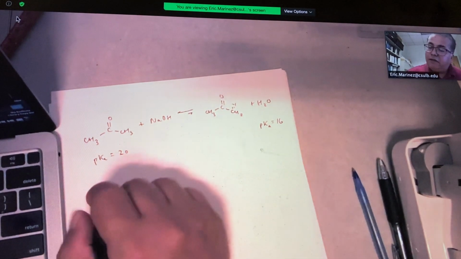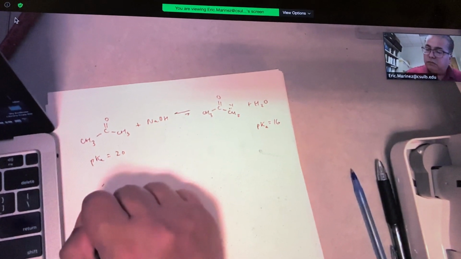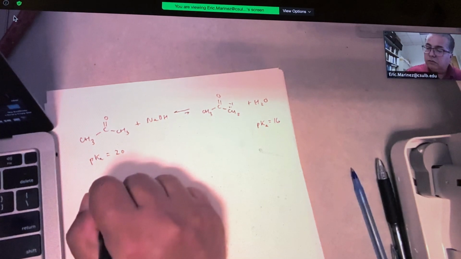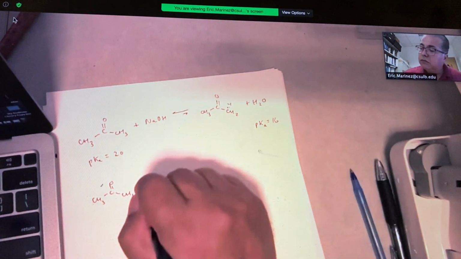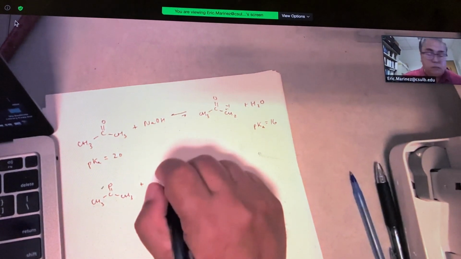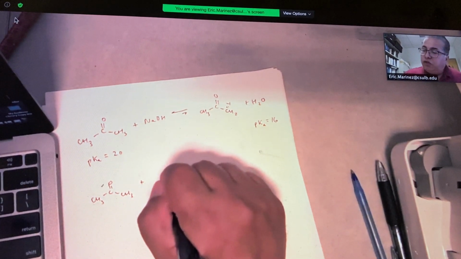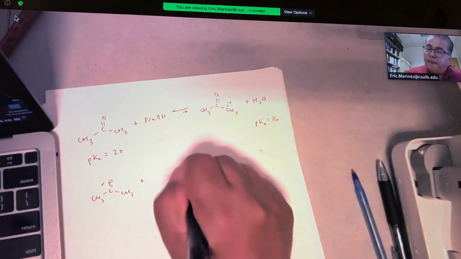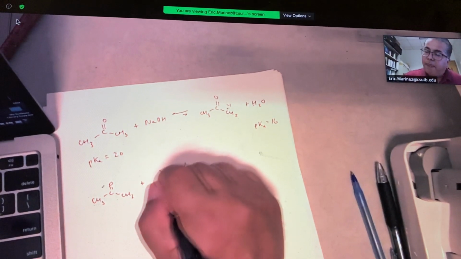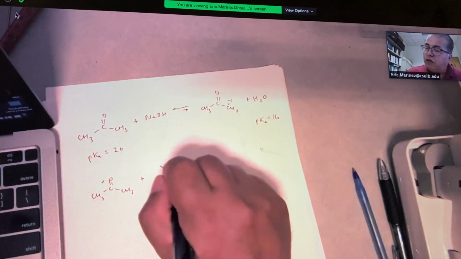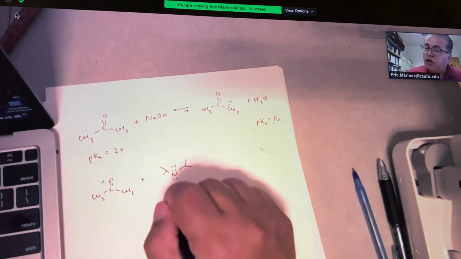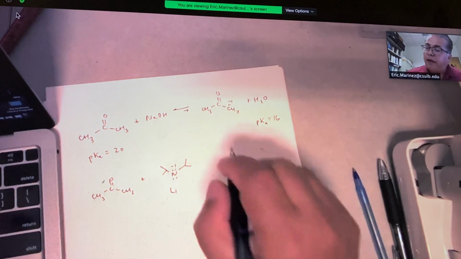Now, in the case of aldehyde, let me redraw the structure of aldehyde. Aldehyde has two sets of lone pair of electrons, has a negative charge, and there's a lithium here, okay?